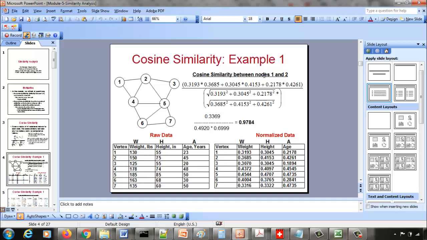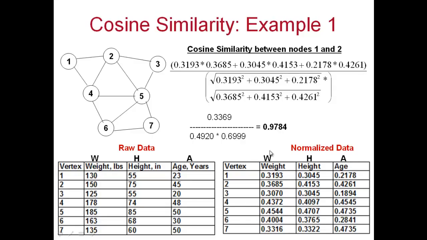Let's say you want to now evaluate the cosine similarity between nodes 1 and 2. These are the vectors for nodes 1 and 2. We'll take the pairwise product, so 0.3193 times 0.3685, plus 0.3045 times 0.4153, plus 0.2178 times 0.4261.